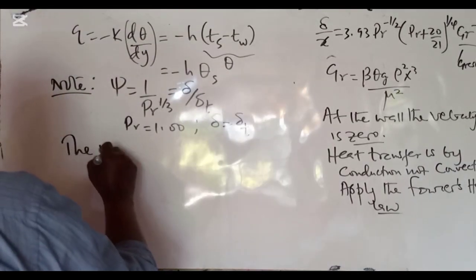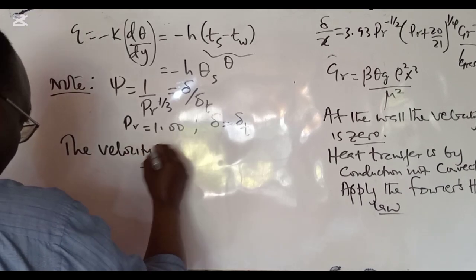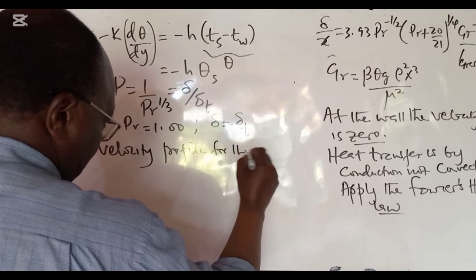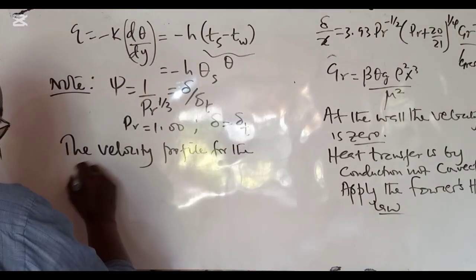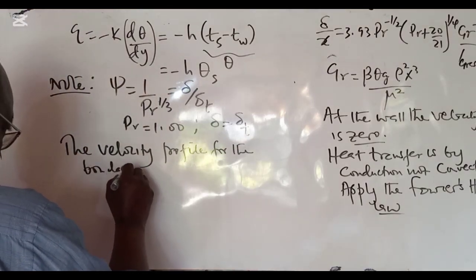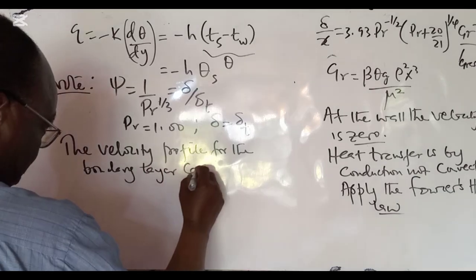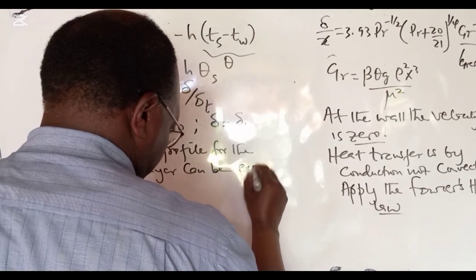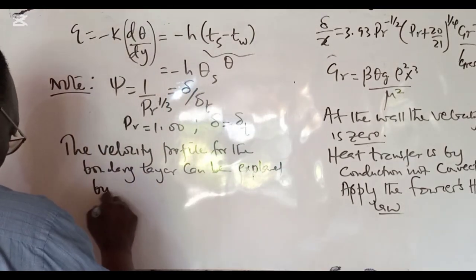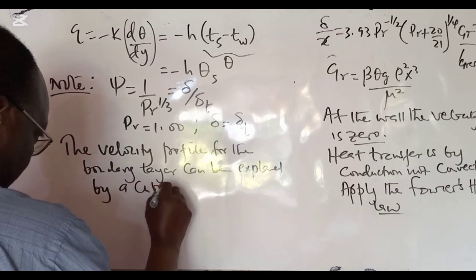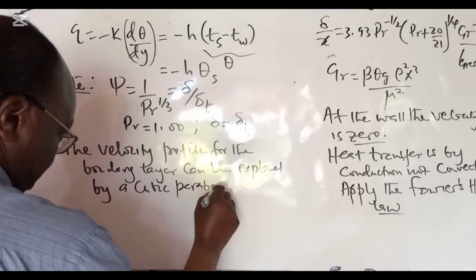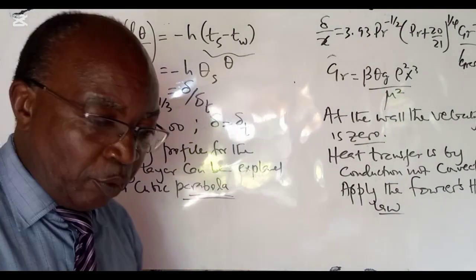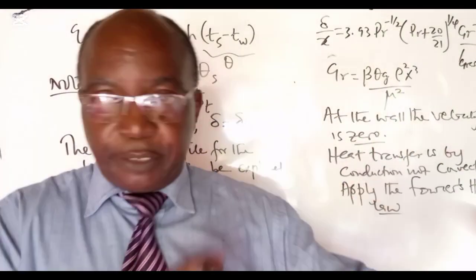The velocity profile and the boundary layers can be explained by a cubic parabola. In other words, you have a parabolic equation which actually fits that velocity profile.